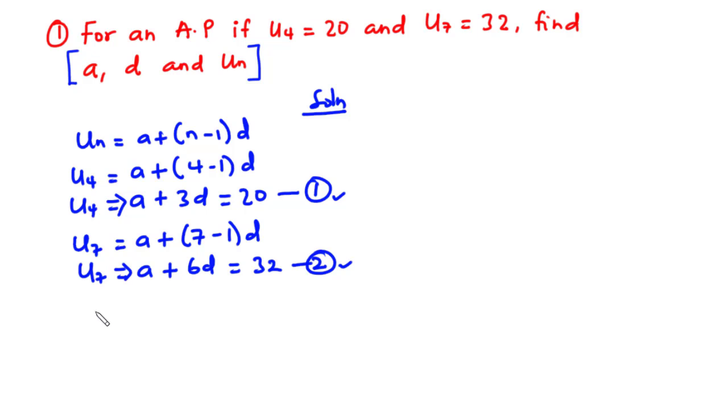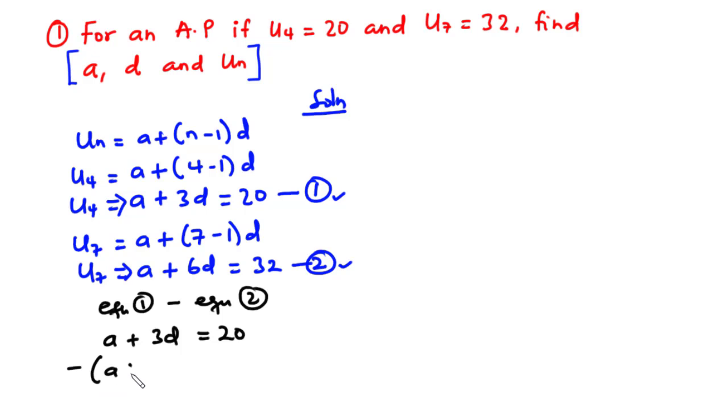So using the elimination method, we have equation 1 minus equation 2. Now equation 1 is a plus 3d equals 20, minus equation 2, that is a plus 6d equals 32.